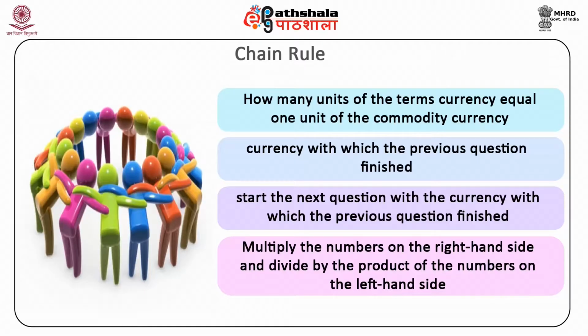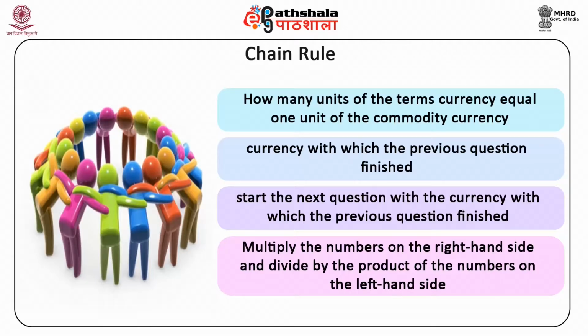For understanding more about the chain rule, we can consider the following information. 1 Australian dollar is equal to 0.5420 US dollar, and 1 US dollar is equal to 1.2320 Swiss francs. What is the cross rate for Australian dollars in terms of Swiss francs? Using the chain rule, Swiss francs is equal to 1 Australian dollar, where 1 Australian dollar is equal to 0.5420 US dollar, and 1 US dollar is equal to 1.2320 Swiss francs.